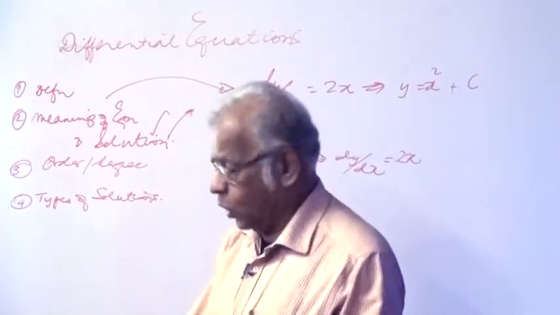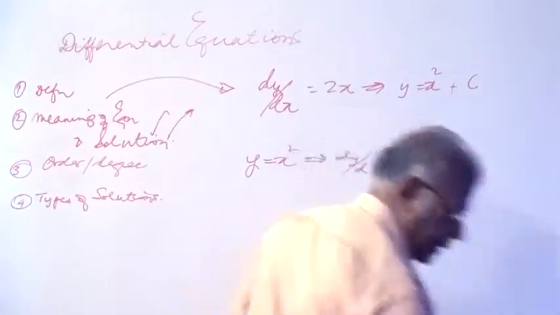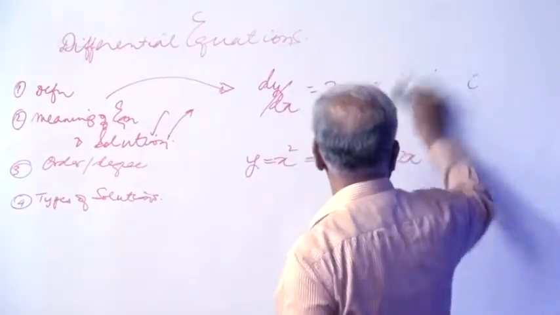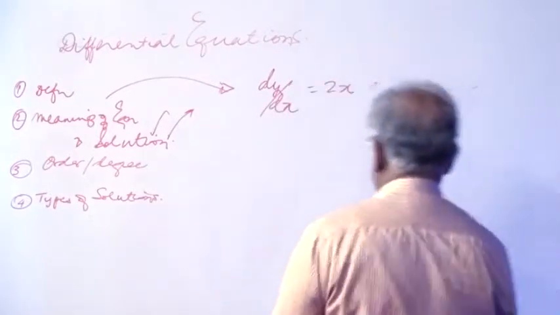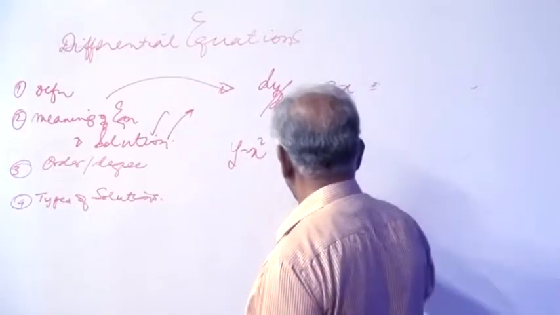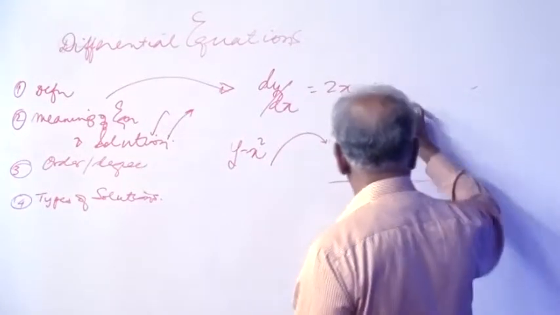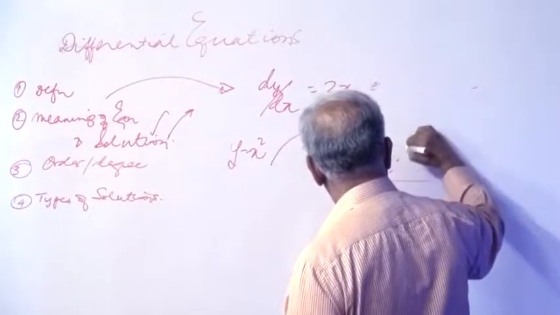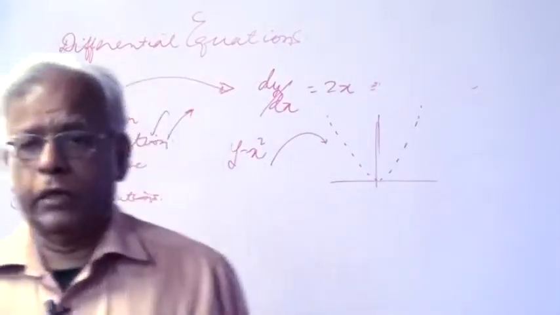Now, we will draw the shape of the curve y is equal to x square and come to one geometrical conclusion, and that is what the differential equation says. We have written y is equal to x squared, and this is graphed as a parabola that is symmetrical about the y-axis.